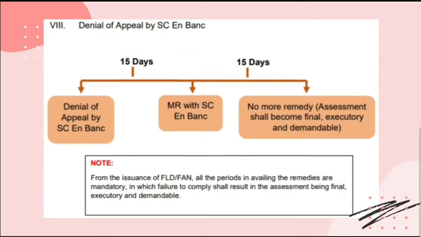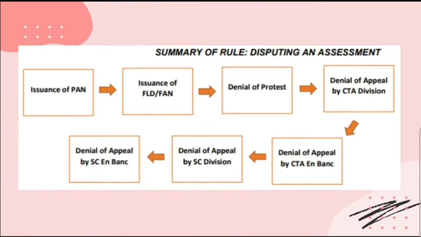And kindly continue, Ms. Lawas. So, this is the summary of all the remedies that the taxpayer can avail when disputing an assessment. From the issuance of the pre-assessment notice, if the taxpayer fails to respond to the pre-assessment notice, or the reply was found to be without merit, the taxpayer may receive the formal letter of demand or final assessment notice.